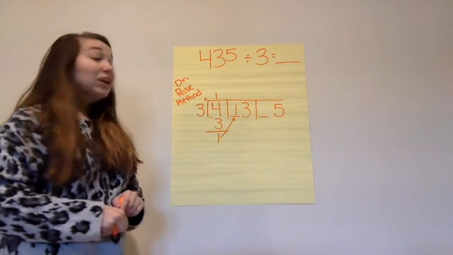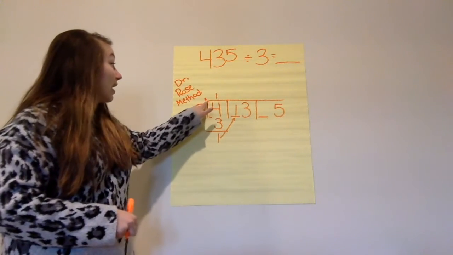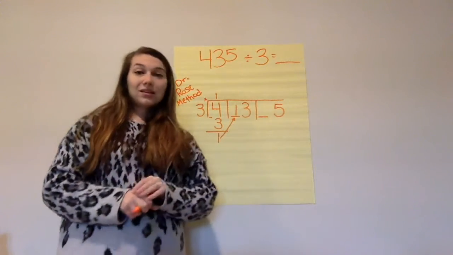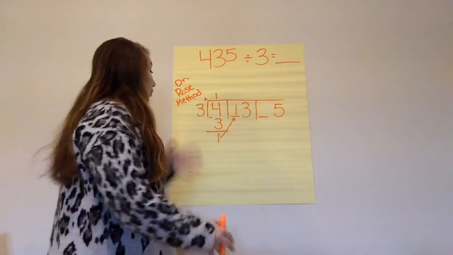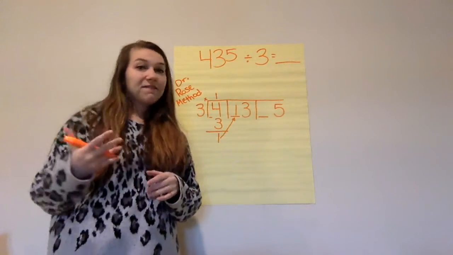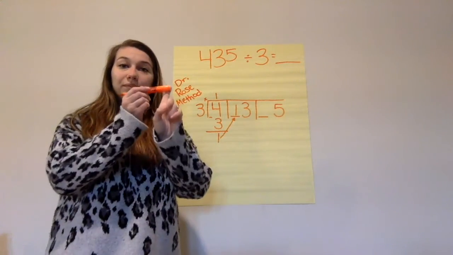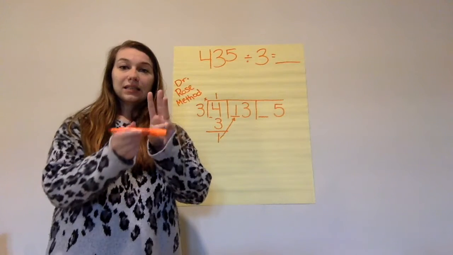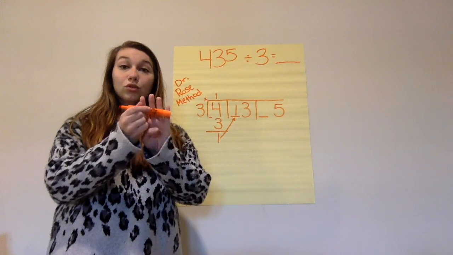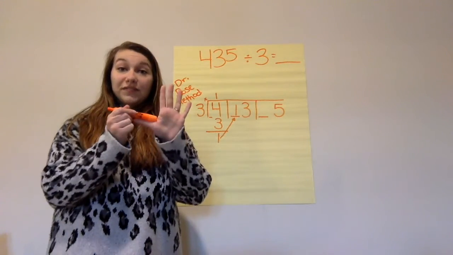All right, and now we are going to ask ourselves, how many times does 3 go into 13? Well, if you know your 3 facts, you may know this like that, but if not, we can go ahead and count. So count with me. 3, 6, 9, 12, 15.